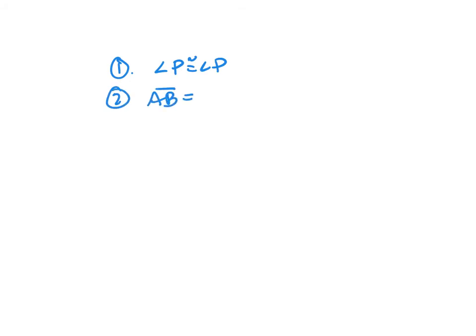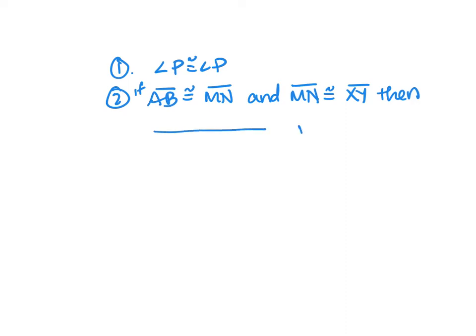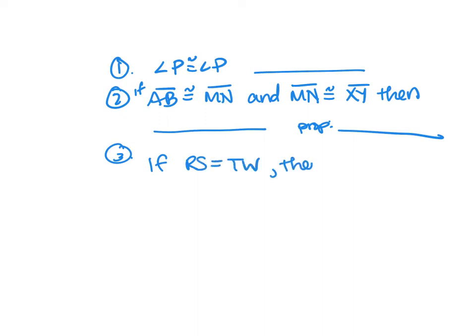If line AB is congruent to line MN, and MN is congruent to line XY, then, first of all, what's going to happen, and also name the property. How about if I say if RS is equal in measure to TW, then TW is equal to RS. So give me that property.